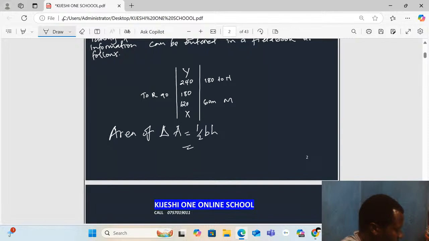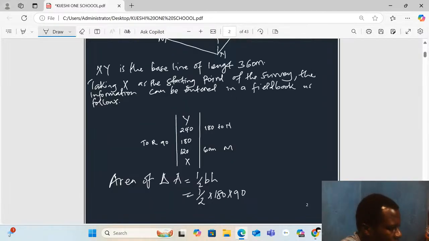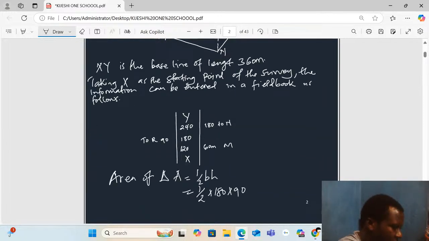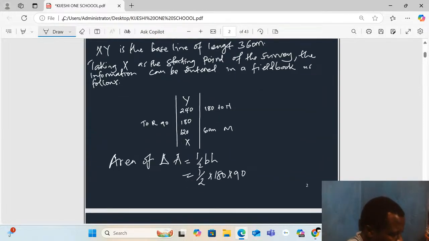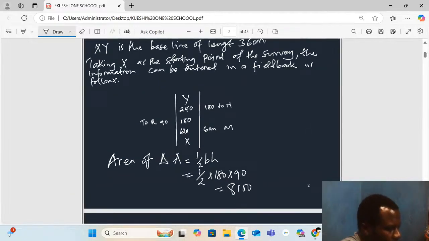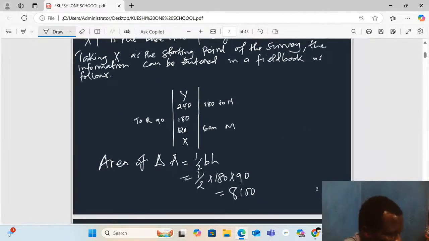So we have a half of our base, 180, times height, 90. Base from X to here is 180, then 90. We shall have 8,100 square meters as our area for triangle A.